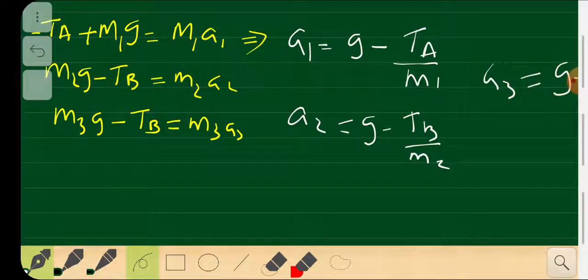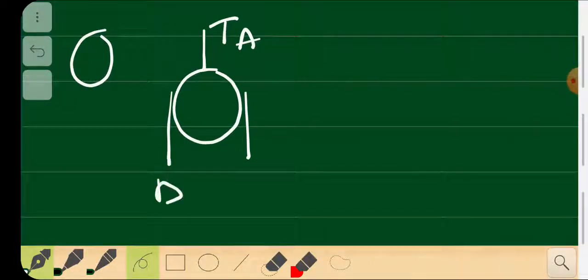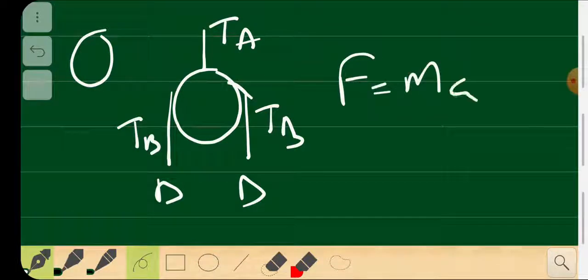That's very simple. Now what you can do is take the pulley itself. If you take the second pulley, you can see that this is the tension A, string A, and this will be the tension of the two masses here. These two masses will have a common tension, tension B. If you look at only the pulley, the force is equal to m a.